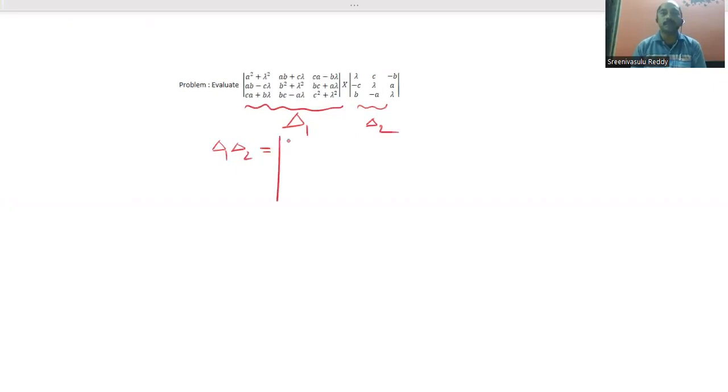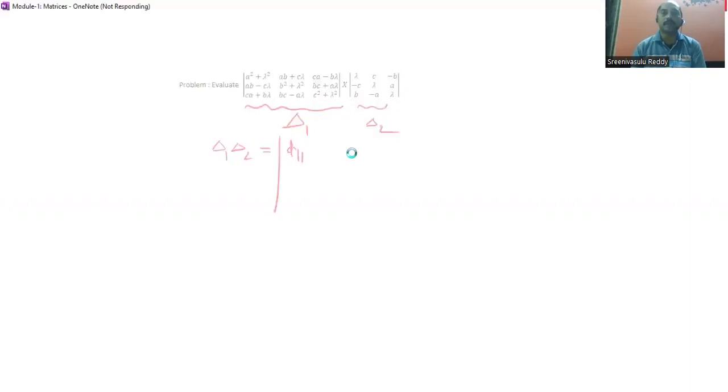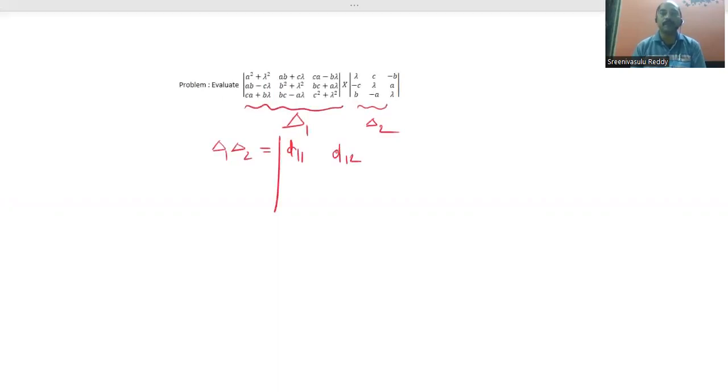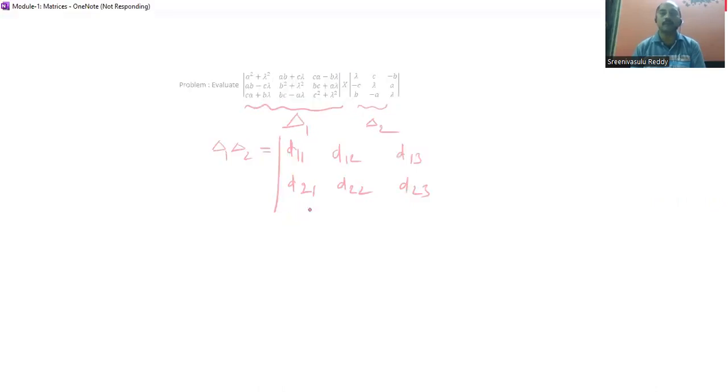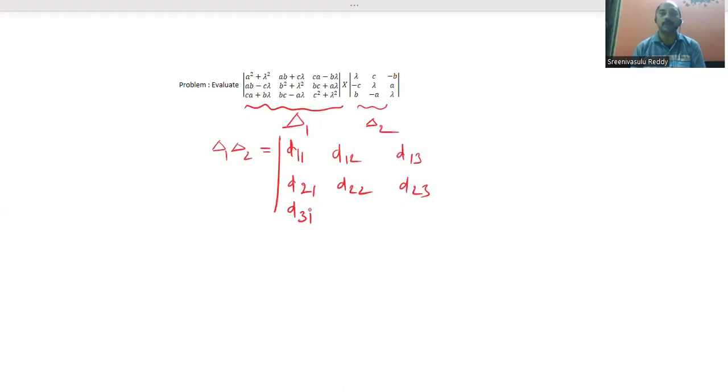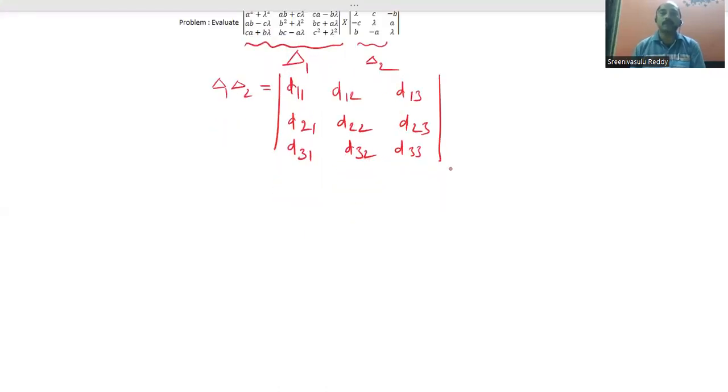So the resultant determinant is also 3 by 3. First row, first element, say D11. Later we find the value. First it is better to represent in this manner. Next element is D12, next element is D13. First row over. Next row is D21, D22, D23. Second row over. Third row, D31, D32, D33.